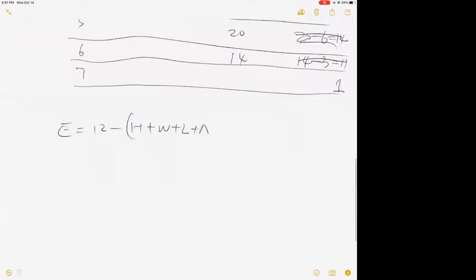Oh, sorry. Since no people can get 0, h plus w plus l plus a can be 4 to 11. So we just count all the possibilities in which they add up to 4 through 11. In x plus y plus z plus w equals 4.